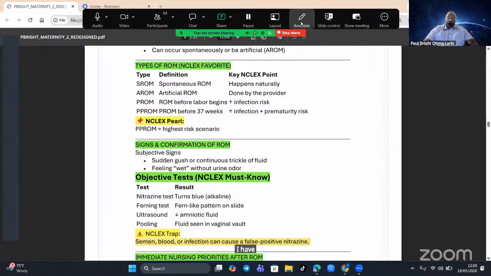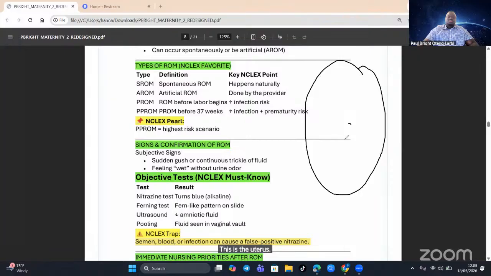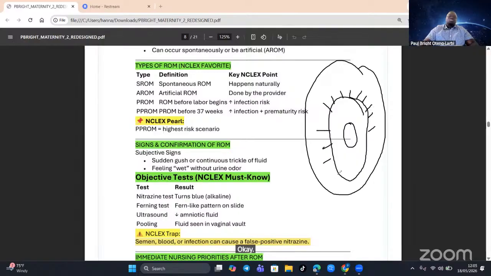I have told you that this is the uterus, this is the baby, this is the amniotic sac. This is a protective shield. Protection against infection, one. Protection against mechanical trauma, two.